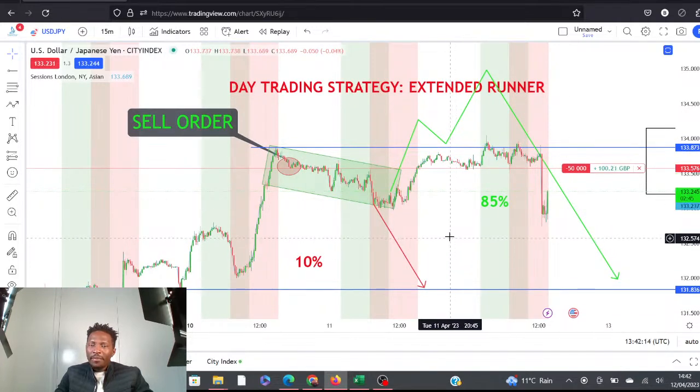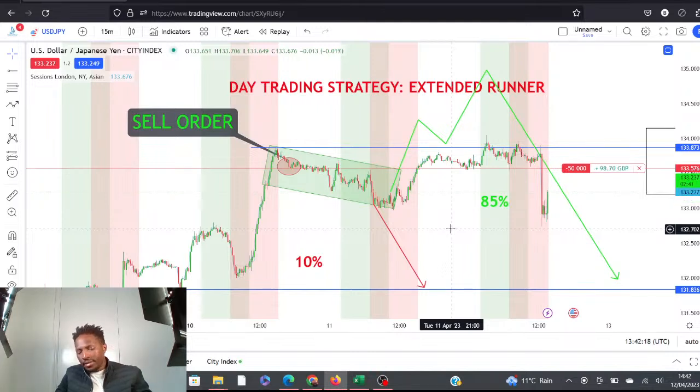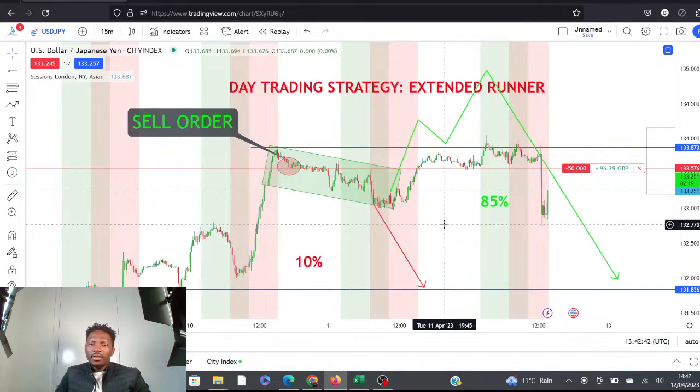But at least around 70 to 80% of the time, once the market breaks the structure, it pulls back. If you understand structure and technical analysis, the market always pulls back once it breaks its structure. So this is probably what we're getting right now.